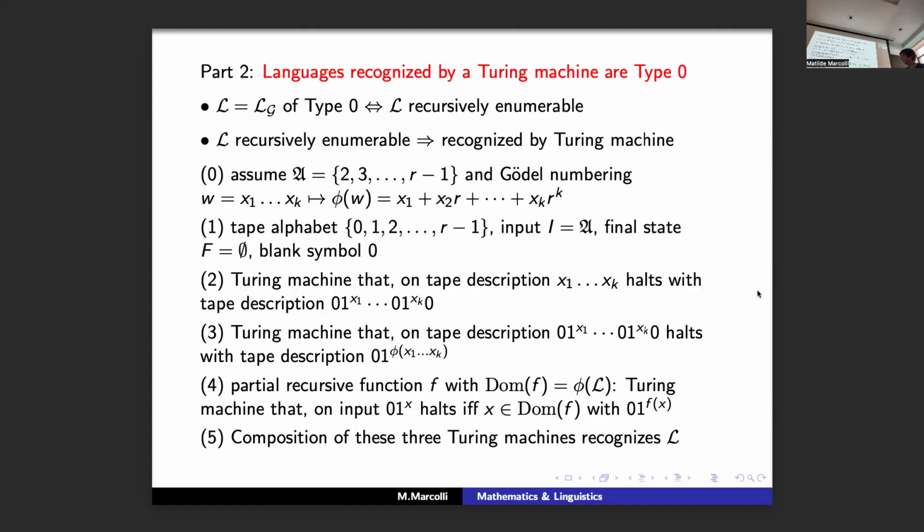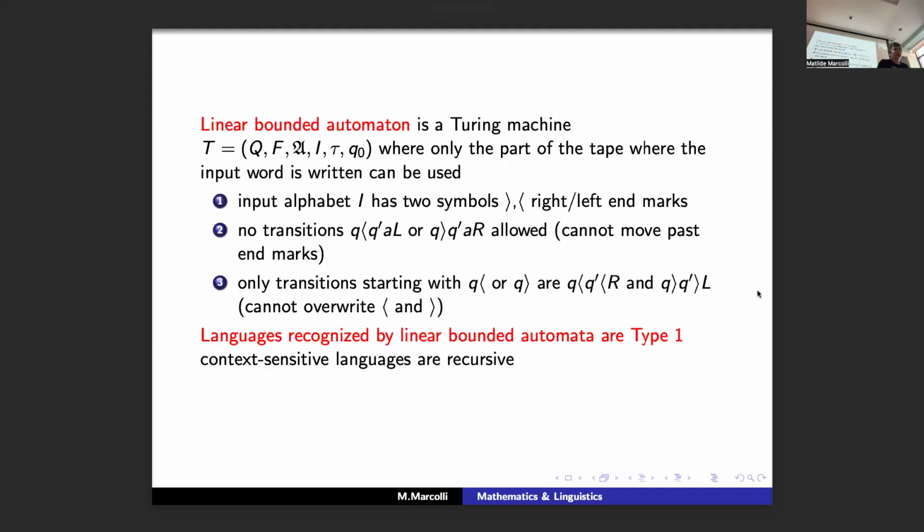This gives you an explicit description of a Turing machine that recognizes this language. Of course, this is just the relation between being recursively enumerable and being semi-computable, in the sense that if the Turing machine stops, then the output is a word in your language. But of course, it could be that the Turing machine runs forever and will not necessarily stop.